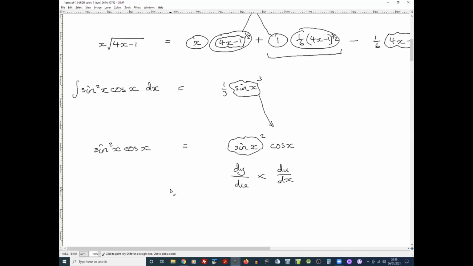Haven't we just integrated sine squared x and nothing else? Well, no. We knew that when we tested the integral by differentiating, there would be more to it.